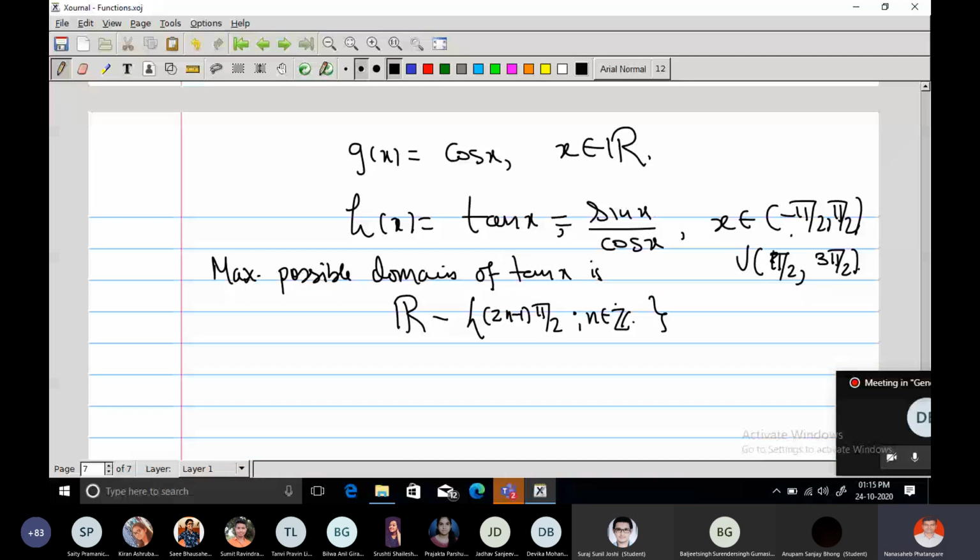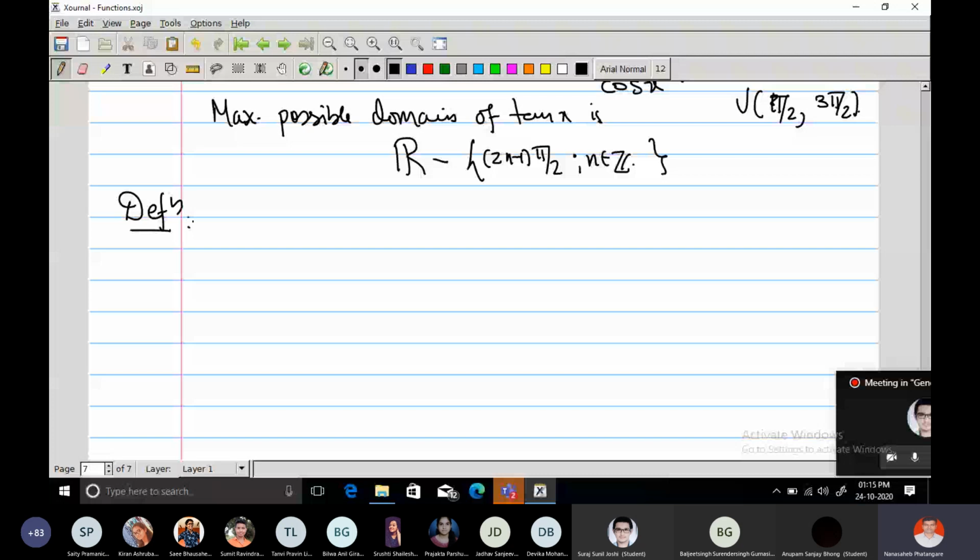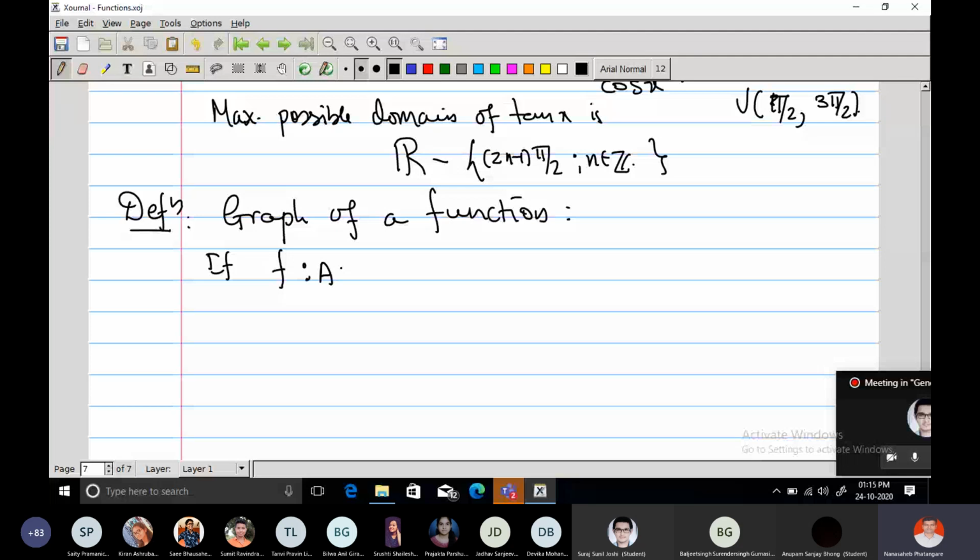Okay, so last time we saw this definition, graph of a function. If f is a function, let A, B be non-empty sets. Why non-empty?